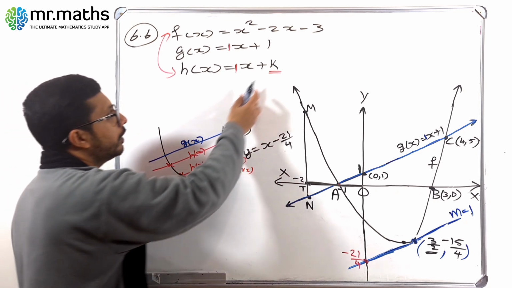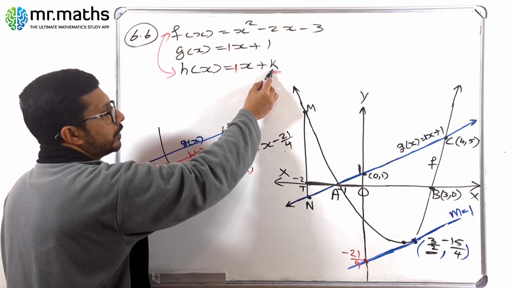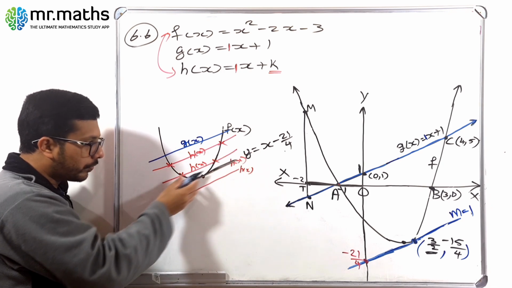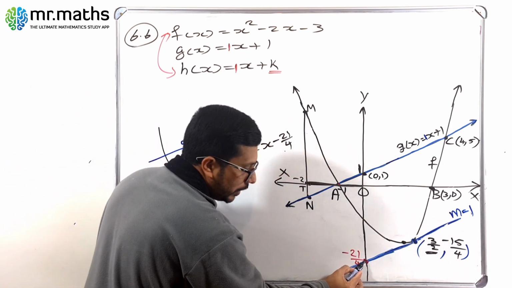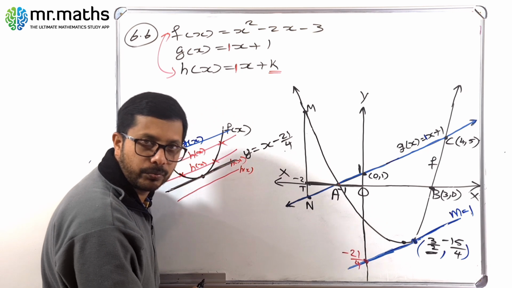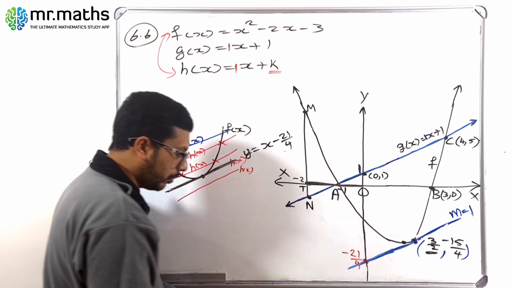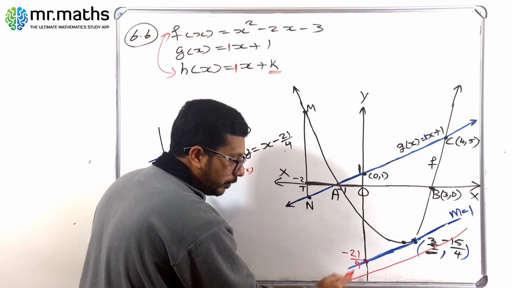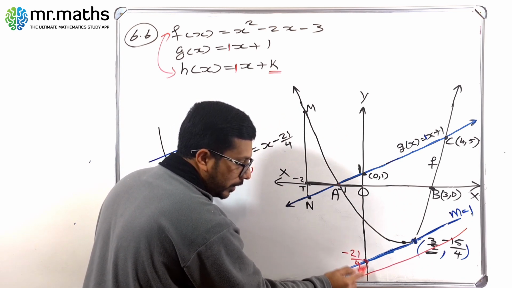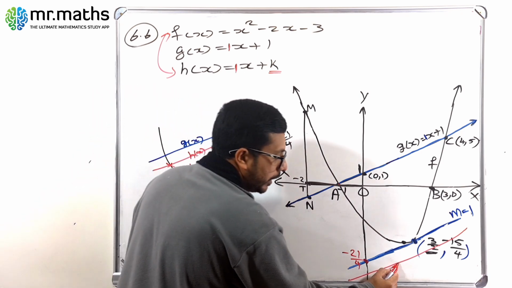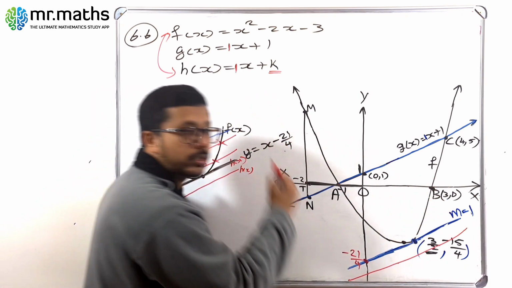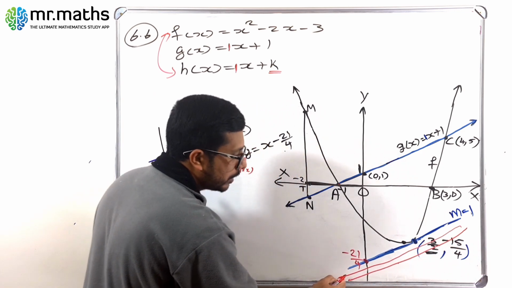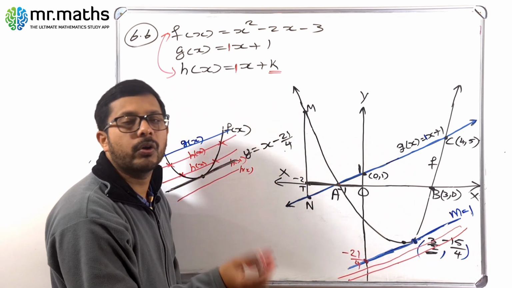Okay, so here what does this k stand for? K stands for the y-intercept. Okay, so in this tangent, what is the y-intercept? Minus 21 over 4. So it means that if I draw h of x below this y value minus 21 over 4, this h of x and this parabola do not intersect. If I draw any h of x below that tangent, it won't intersect.